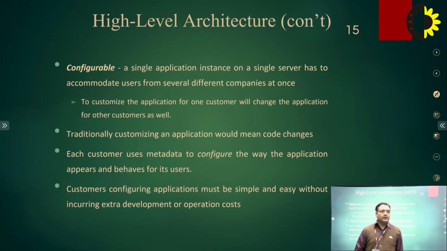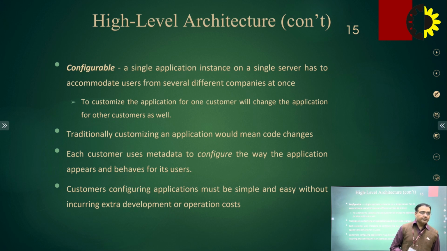High level configurable. Traditionally, each single application instance on a single server has to accommodate users from several different companies at once. These are the high level configurable architectures; traditionally each customer's users had to be configured, including extra developers.